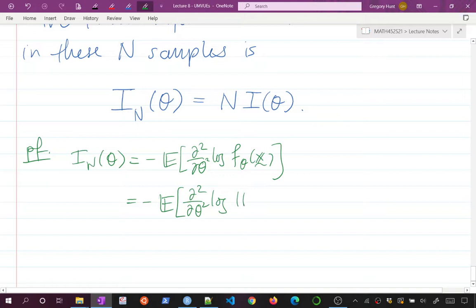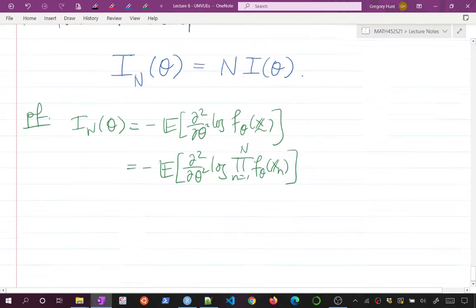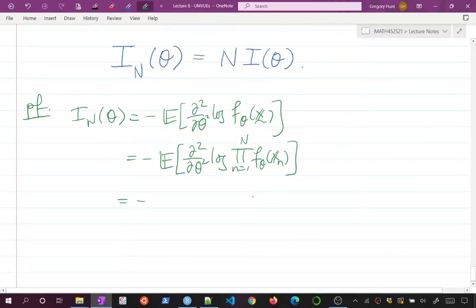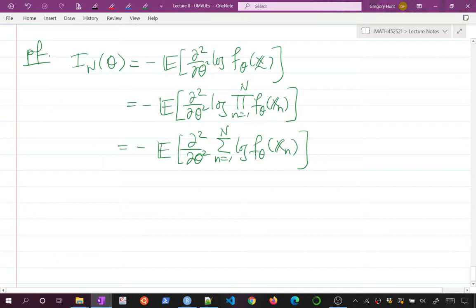This is the log, and they're independent, so this is just a product of my marginals, my x sub n's, right? And if I look at the log of a product, that is just going to be the sum of the logs, right? That's just the rules of logs of products. And everything here is linear.